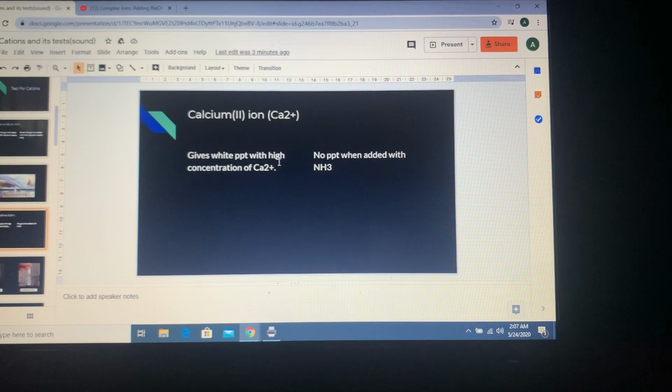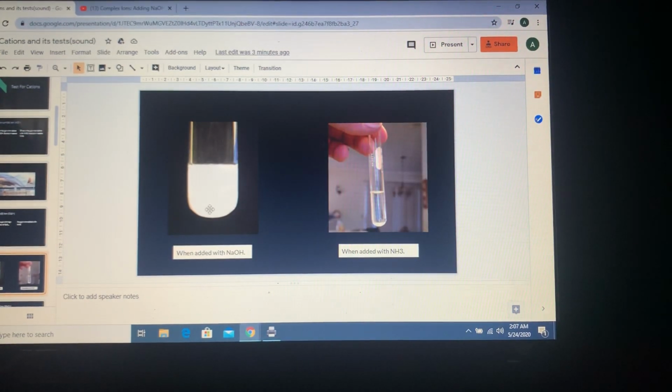And then when you add aqueous NH3 to it, you will see no PPT present. The next slide will show the picture. This is when you add the solution containing Ca2+ with NaOH, white PPT, and on the right side, you'll see no PPT present when added with aqueous ammonia.